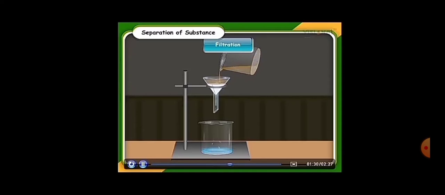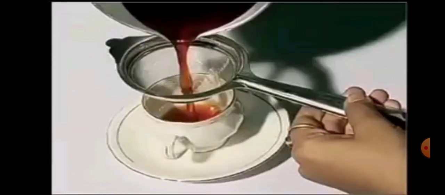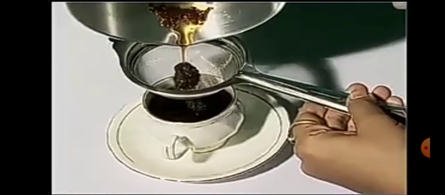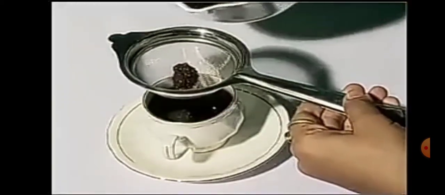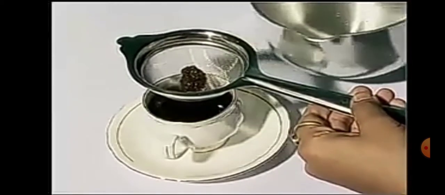On doing so, the liquid passes through the filter paper, while the insoluble substance gets retained on the filter paper. An example of filtration used at homes is the separation of tea leaves from tea using a strainer.